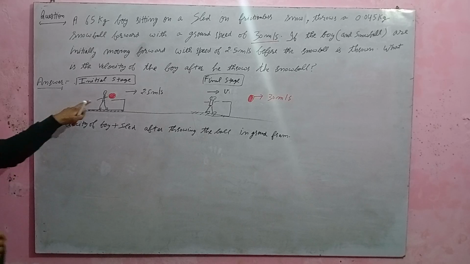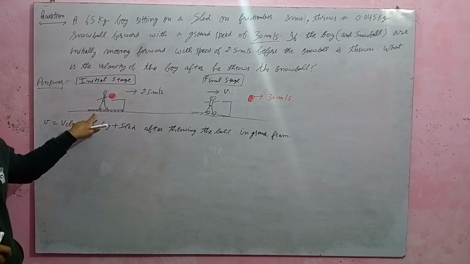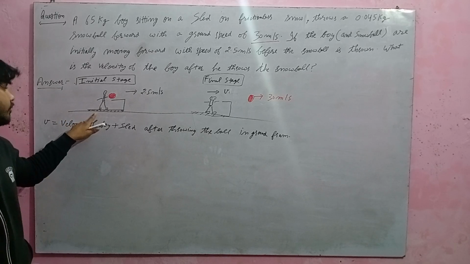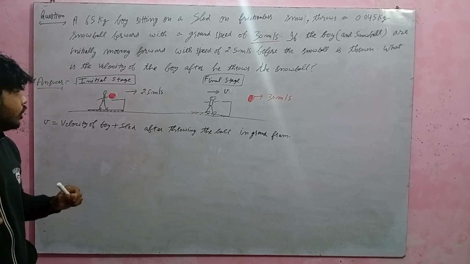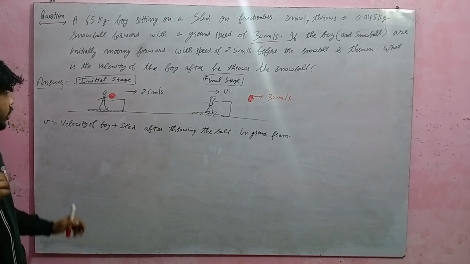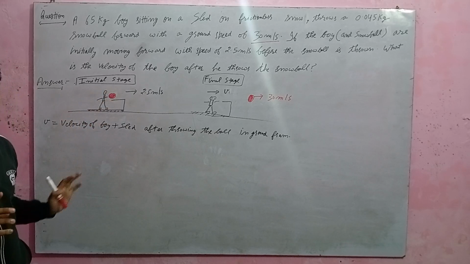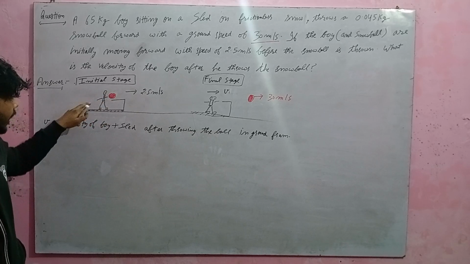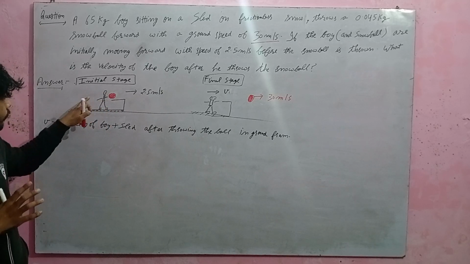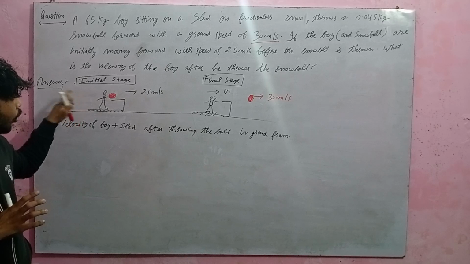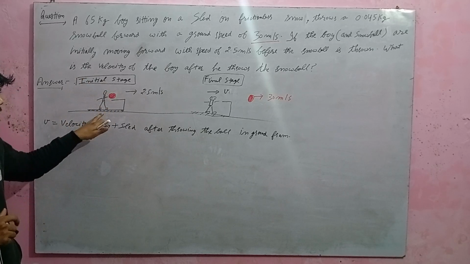Basically, if we see the question, there is a frictionless surface, so there is no frictional force between the sled and the ground. So there is no external force present in this system of boy, ball, sled and ground.